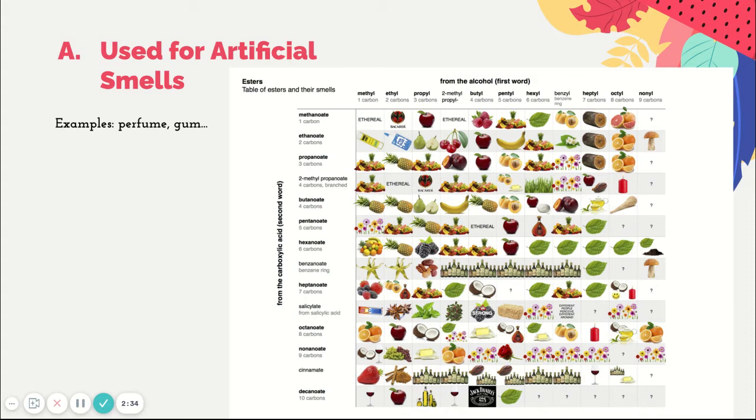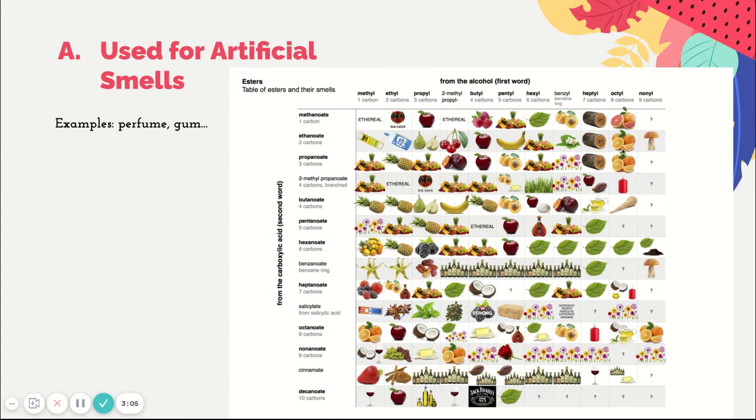That means instead of using the alcohol and the carboxylic acid to make the ester, like say for an orange, instead of using octanol and ethanoic acid to make the octyl ethanoate ester, which is that orange smell, maybe you just get an orange and extract it through the rind or through the juice.